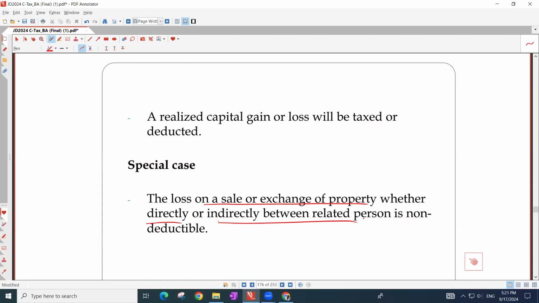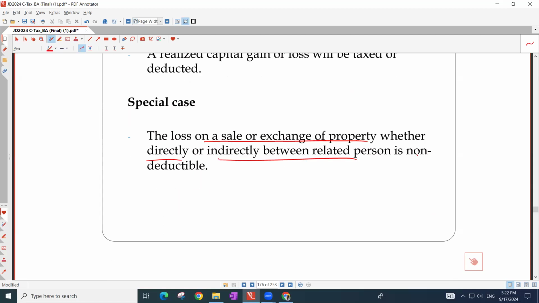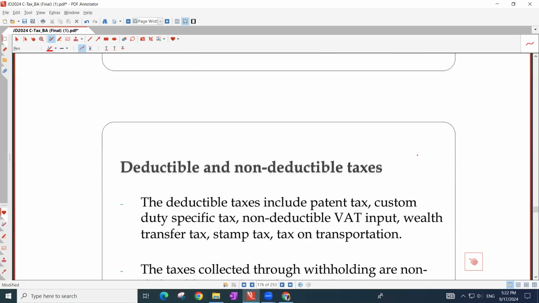I would say that's a market price because this is an offer from an unrelated party. But if such a price still creates a loss, it is still non-deductible. From a tax perspective, that's a special rule, so you need to be careful when you have this kind of transaction.